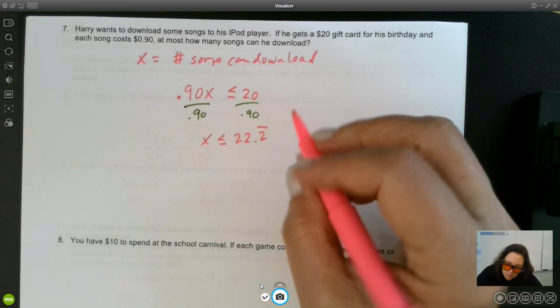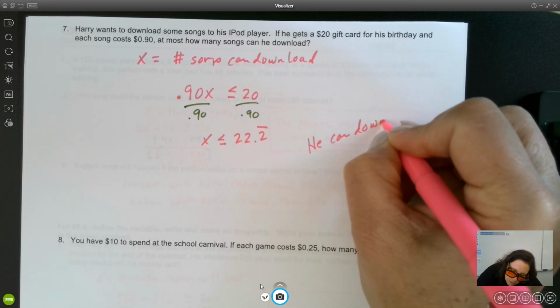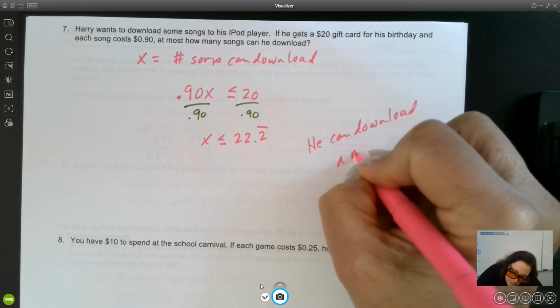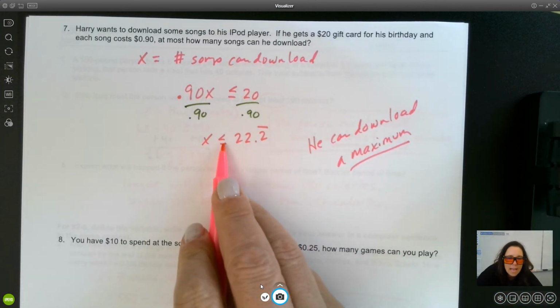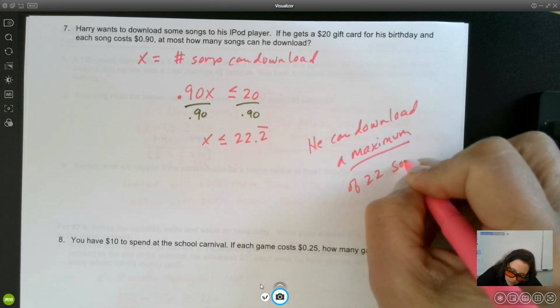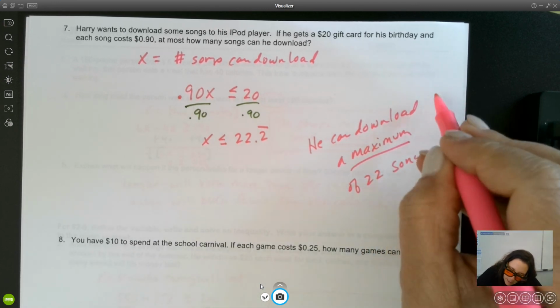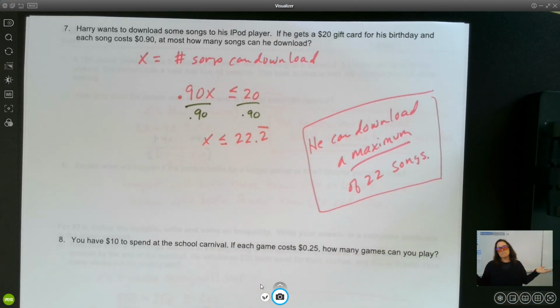He can download a maximum. Okay, that takes care of that. A maximum of 22 songs. Okay, maybe he doesn't want to do it all at once and he only does 10 of them right now. Okay, so 22 maximum.